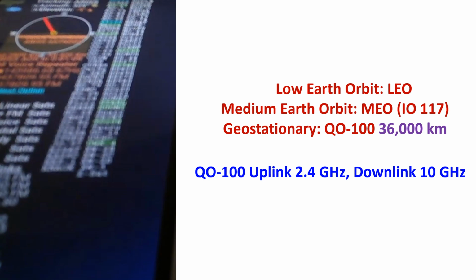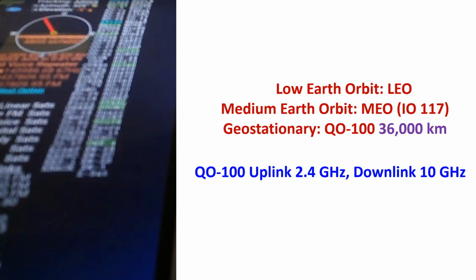And the altitude of the satellite is given as 427 kilometers. That is the altitude at which the satellite is revolving around the Earth. 427 kilometers means that it is a low Earth orbit. There are other satellites which have higher orbits. For example, IEO 117, that is Green Cube, has an altitude of about 5,000 kilometers.